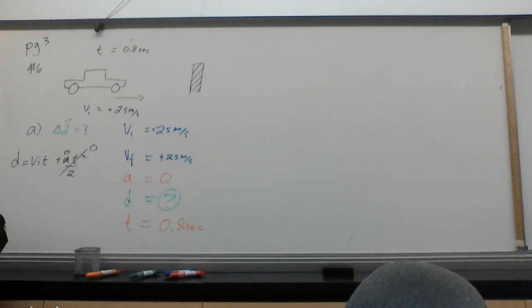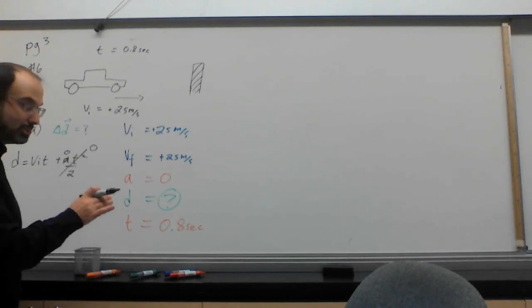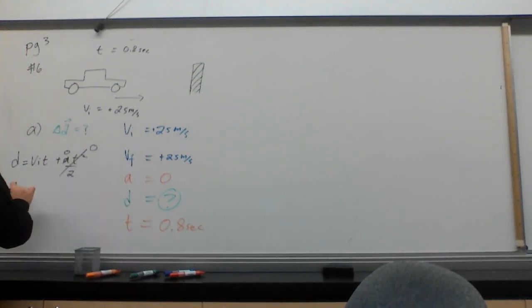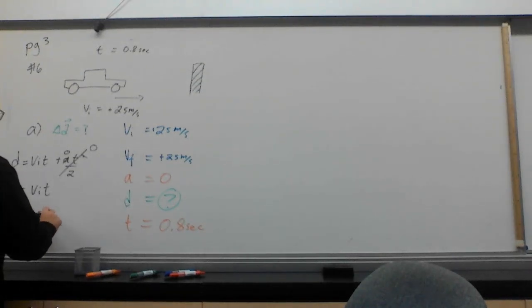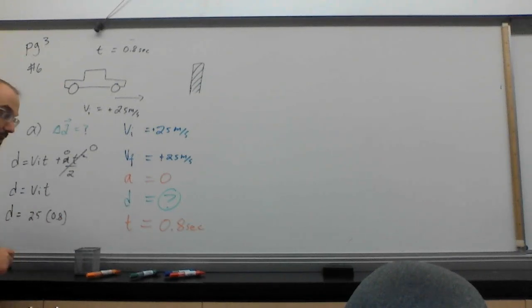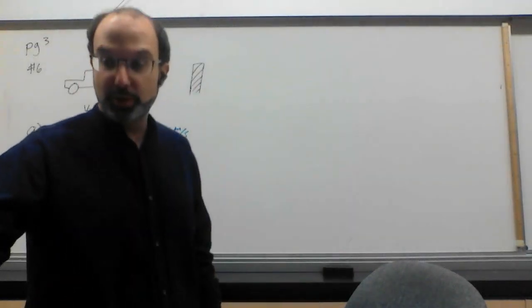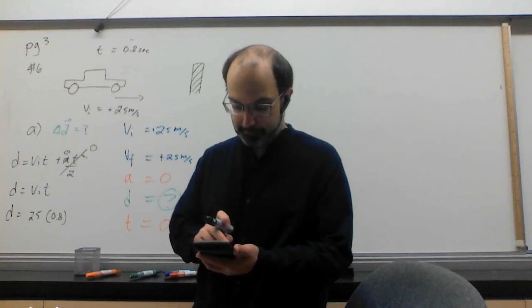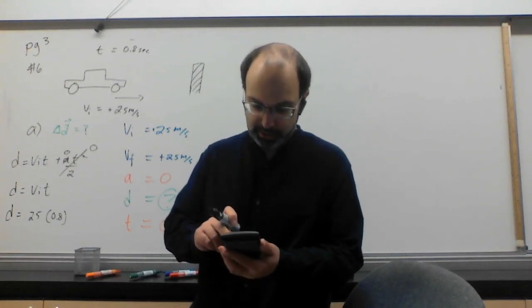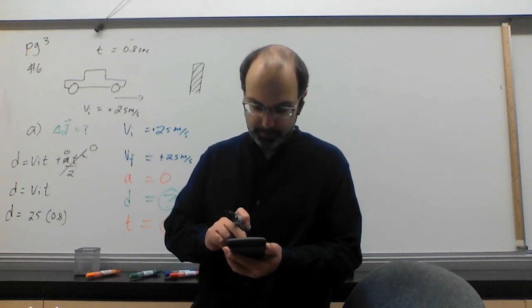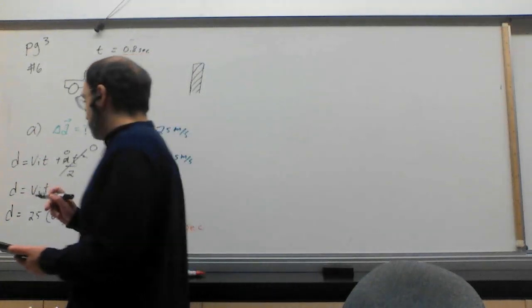So that whole term disappears and becomes 0, which means I could rewrite the equation as just that. It's much simpler. So when I plug in my numbers now, D equals VI is 25, time is 0.8. 25 times 0.8. What do we get? Take our trusty calculator. We get 20 meters.